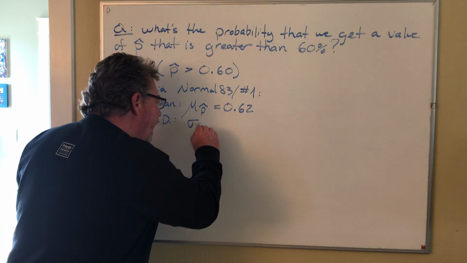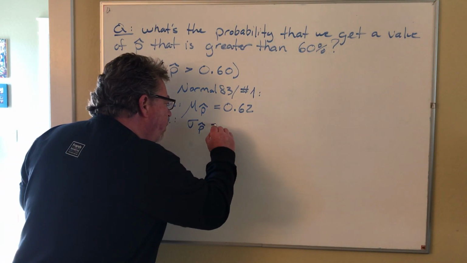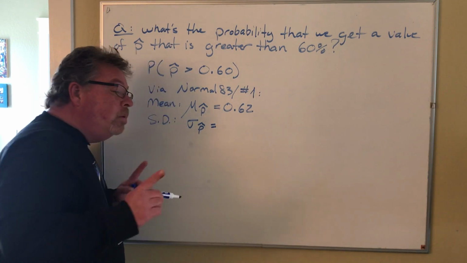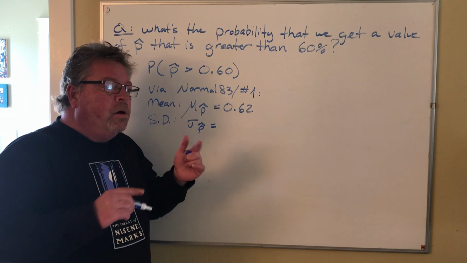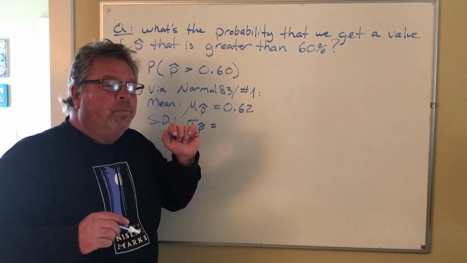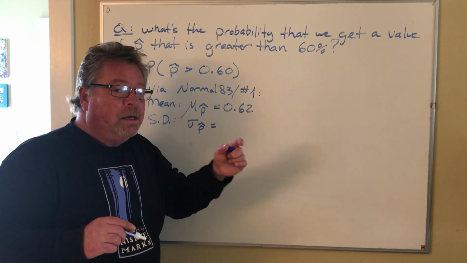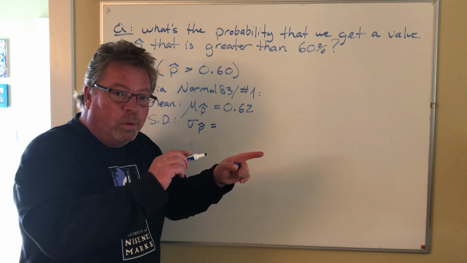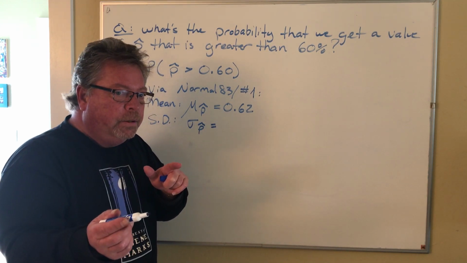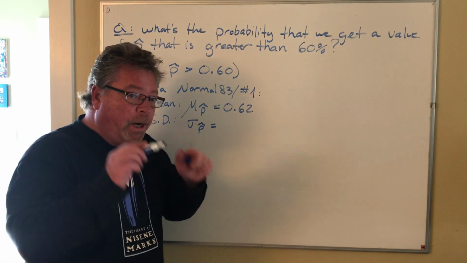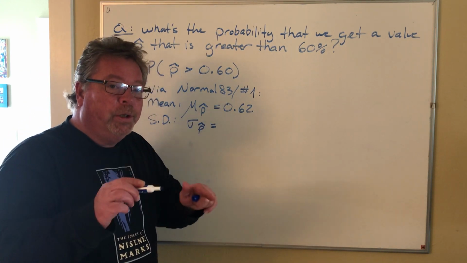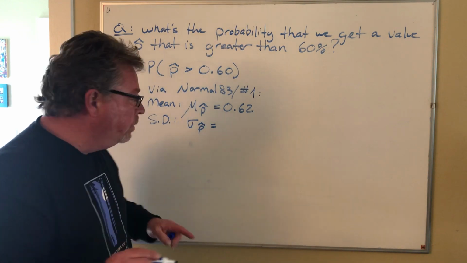Sigma sub p hat, I want to know what that is equal to. And just a moment ago, I used the approximation symbol and said it's approximately 0.04 or 4%. But when I'm working with normal 83, I don't want to put in that approximation.